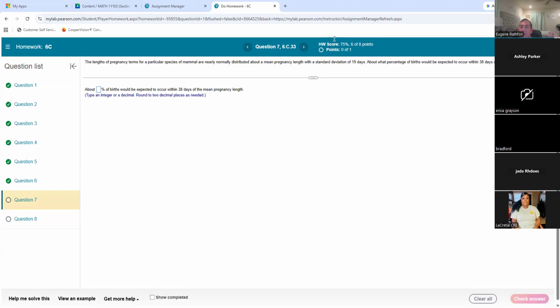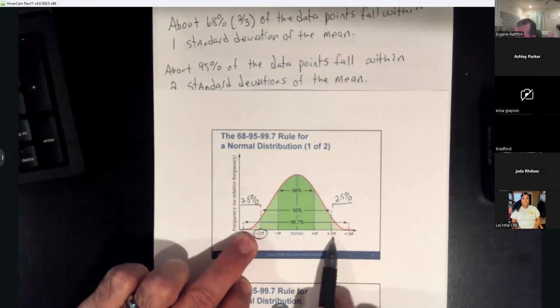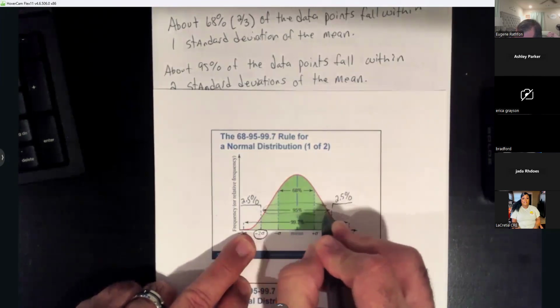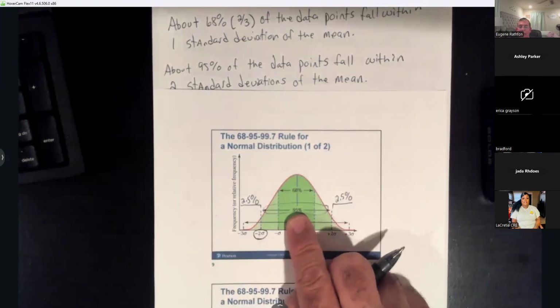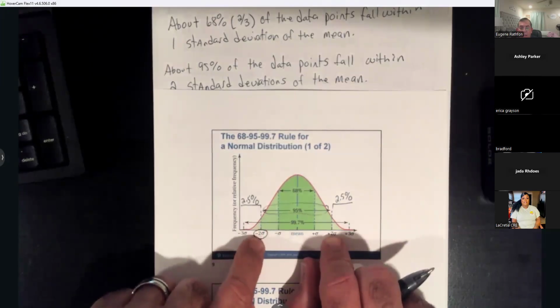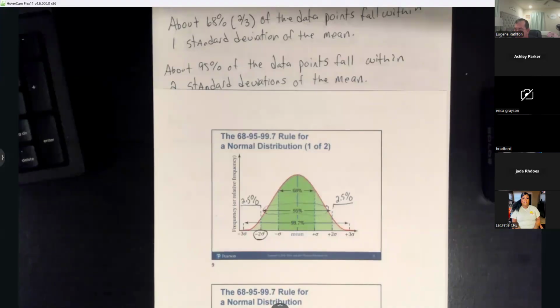So, back on our chart, 1 standard deviation to this direction, to that direction. And if you notice, we said a while ago that 95% of our data would be within 2 standard deviations of our mean. So that's going back to that 68-95 rule.